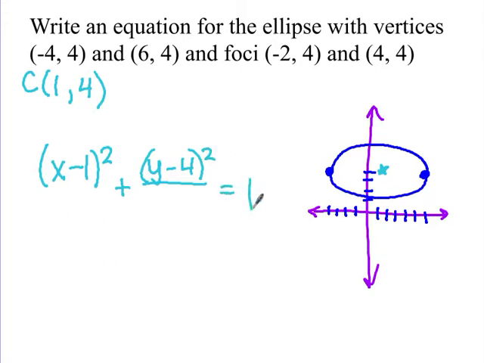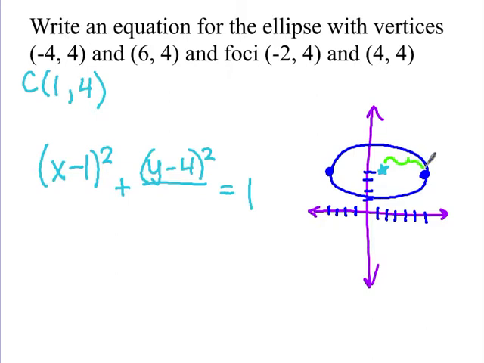So now what I need to find is A and B. One of these I already know right away. Which one do I know right away? A. A is the distance from the center to one of the vertices.